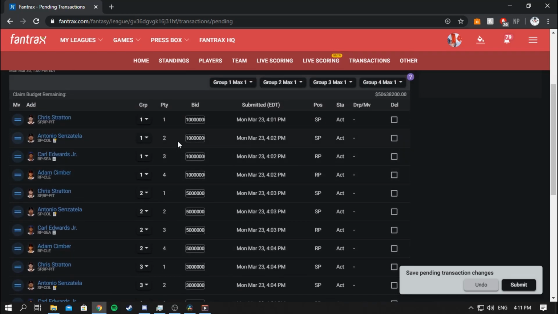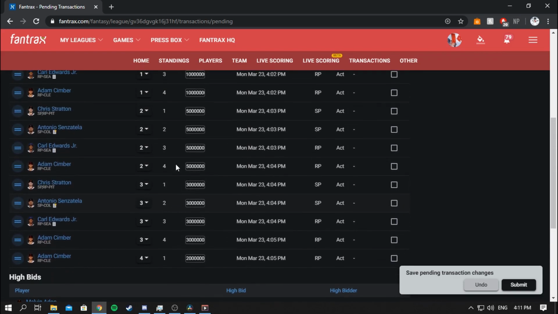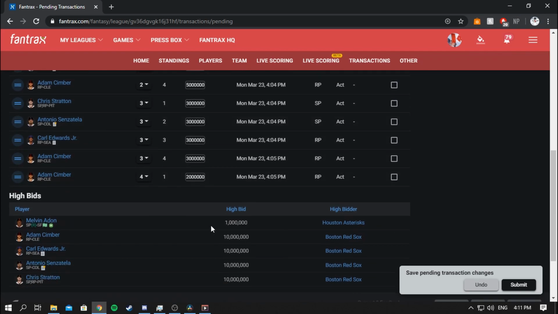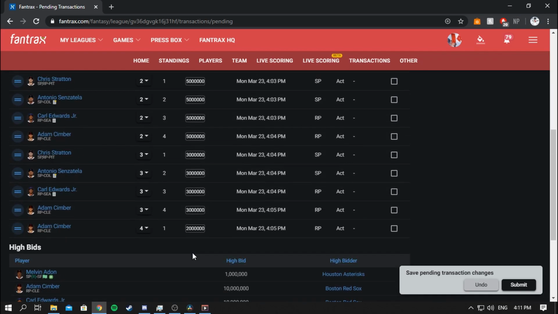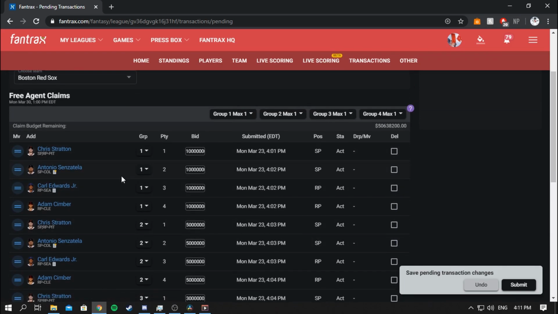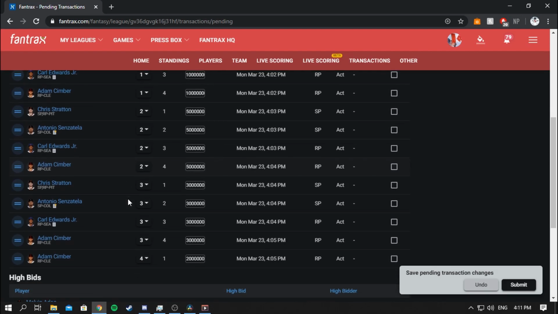I may never get to the point where that bid goes in, right? You might, or if you put in a bid for Carl Edwards for $4 million, I could get Chris Stratton for 10, and then group 1 would be done. Then I would get Senzatella for 5, and that group would be done.